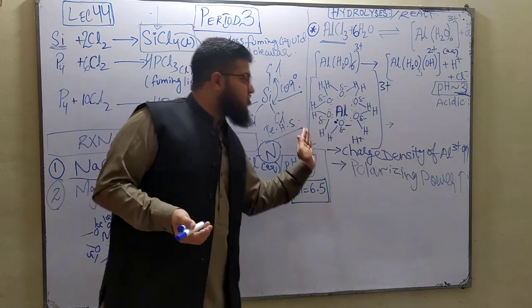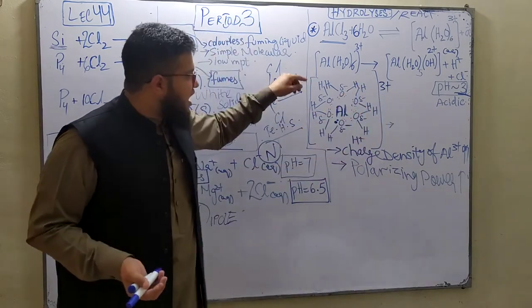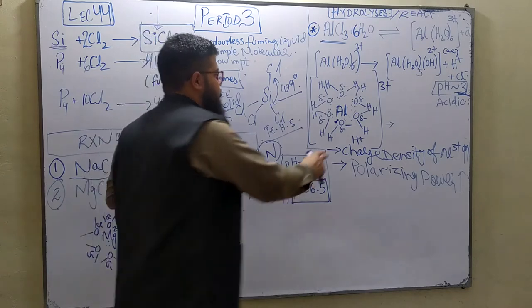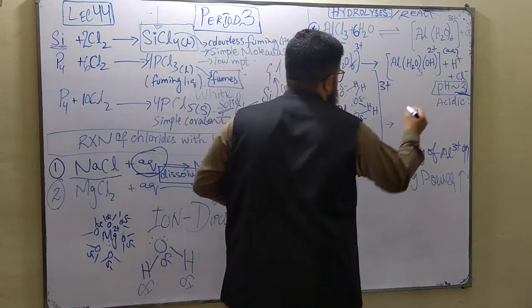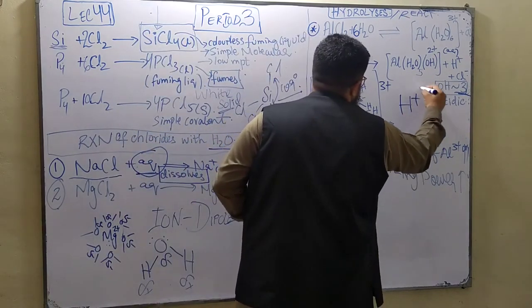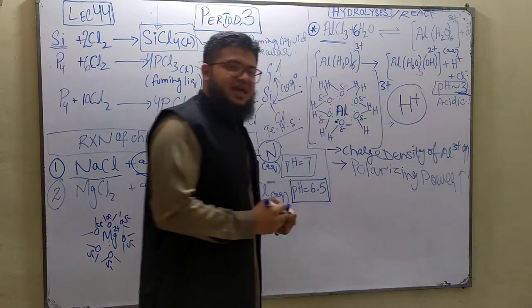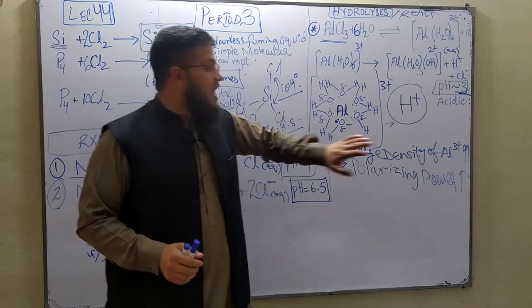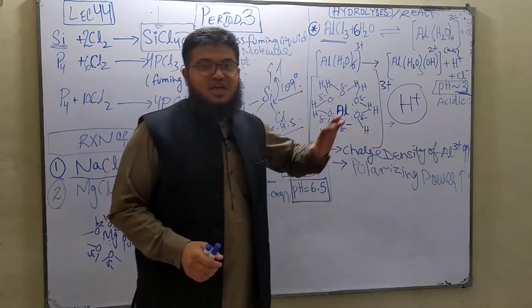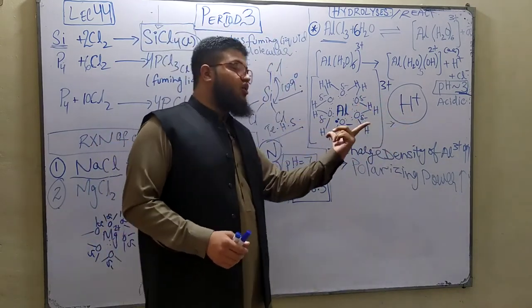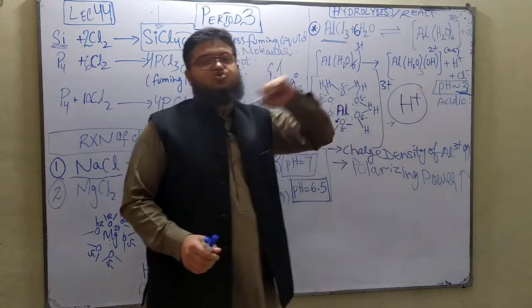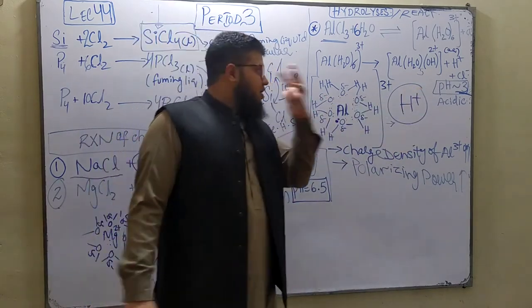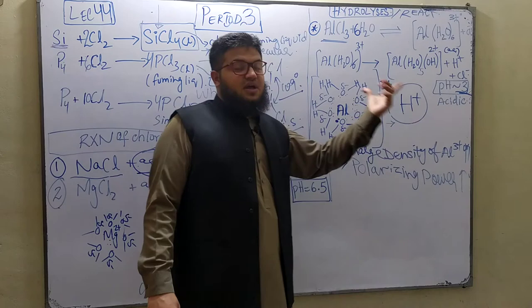So of course it will try to repel the H positive ions out of this complex ion, and so this H positive ion is released into the solution. I guess most of you might have assumed why the pH was 3, because this H positive ion, released due to the polarization of the water molecule, will cause the pH to decrease, because what is pH?